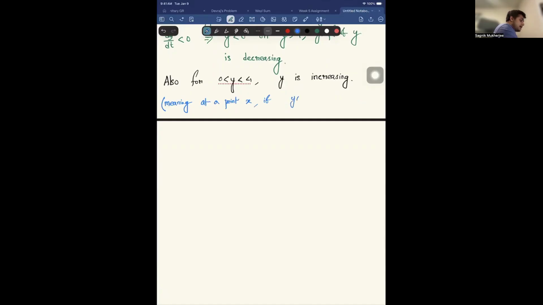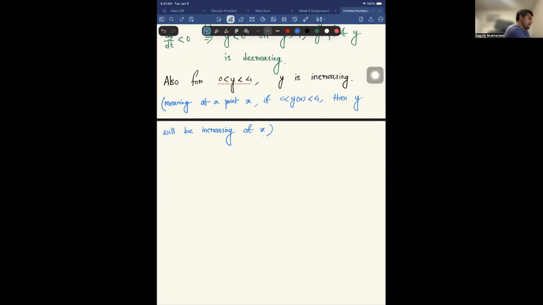If y(x) is between 4 and 0, then y will go up from x, or y will be increasing at x, right? Makes sense?